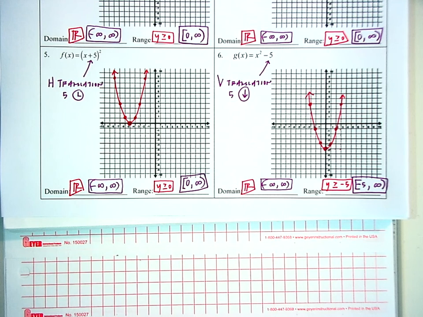For the range, we're saying all the values that y can take. So in this case, we said y is greater than or equal to 0, or if it has a vertical translation up or down, or if it has a reflection, that might change. If we use interval notation, we always want to make sure that if it's a value that it can be equal to, we give it that hard bracket. If it's a value that it cannot be equal to, we give it the soft bracket or the parenthesis.